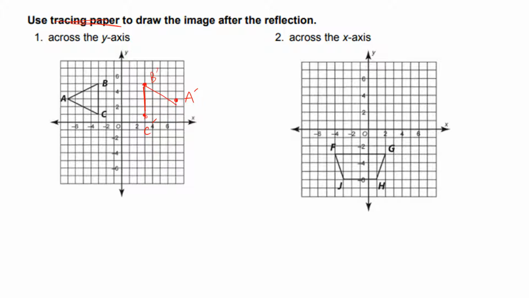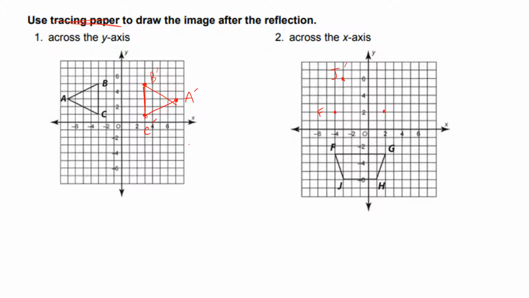Okay. The number 2 is on the x-axis. So I'm just going to go rapid fire here. F prime is going to be 2 above. J prime is going to be 6 above that part, so it's going to be right up there. I'm sorry, that's J. J prime. And then G prime is going to be level with F, but the same distance away.